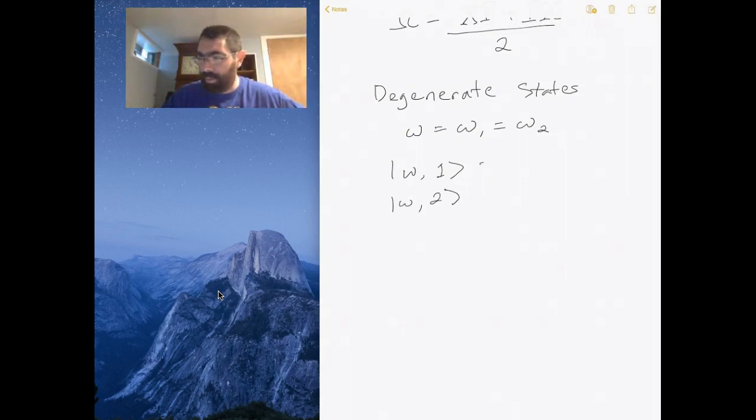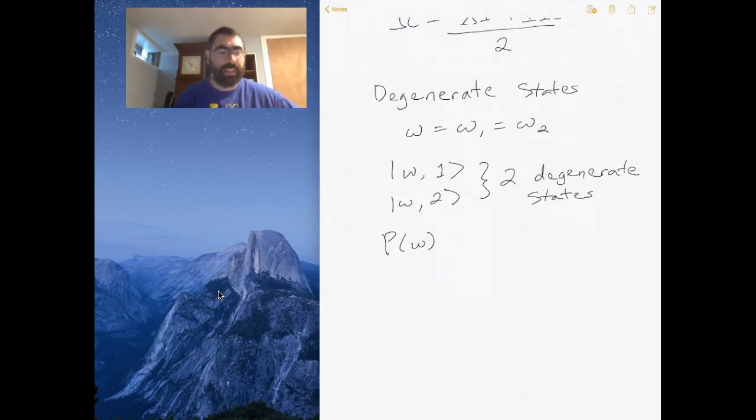So these are my two degenerate states, which give me the same result, but it's two possibilities that give me the same result. So if I'm calculating the probability that I'm going to get the value omega, I have to consider both cases. Or basically it's a superposition of those two states.